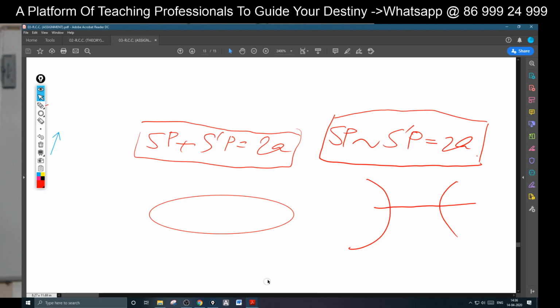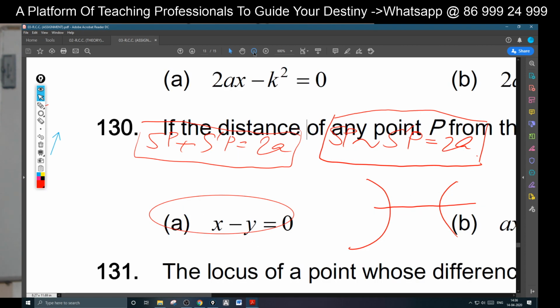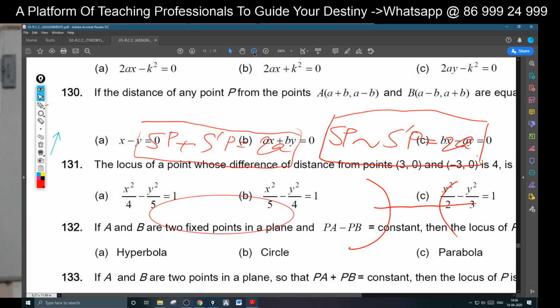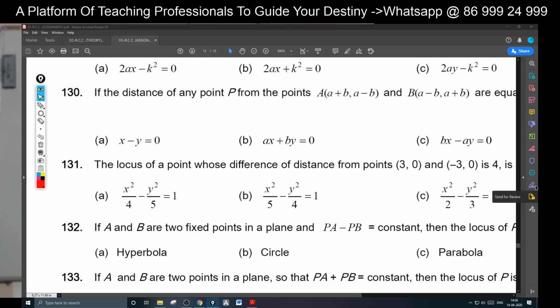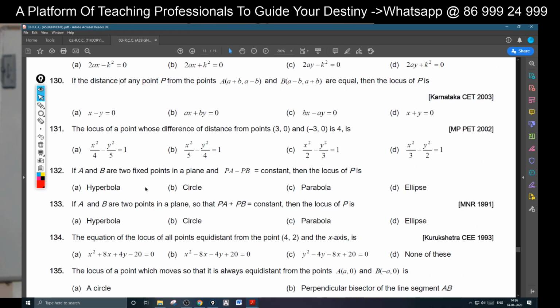If you see the question, the locus of a point, let it be some P, whose distances from the points, let it be A, let it be B, differ by 4.